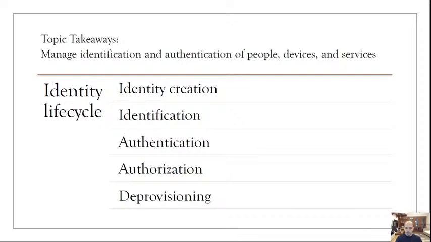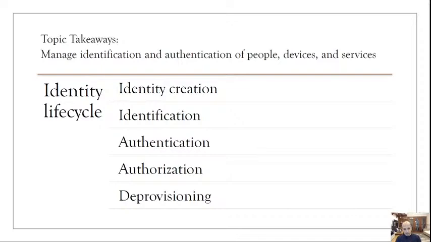When we say identify, it means the system is already having some entry, some information about that particular user. And whenever that user, device, or service comes, those two things will be mapped and checked together.